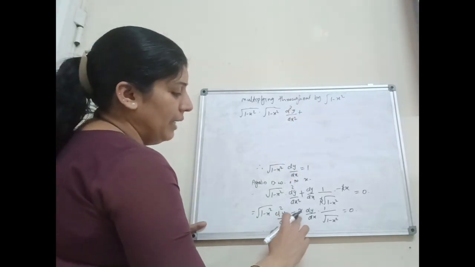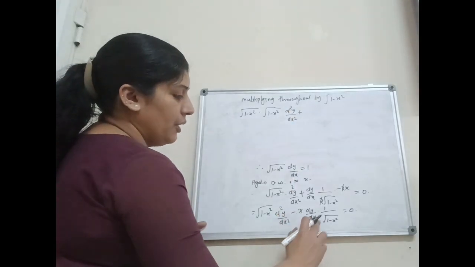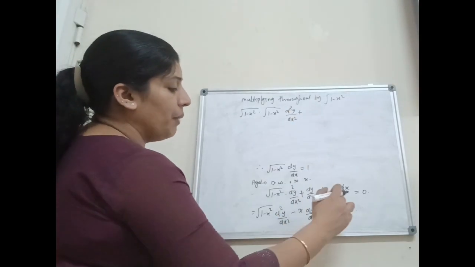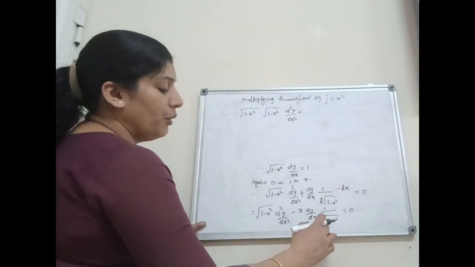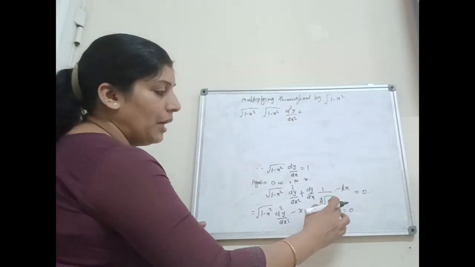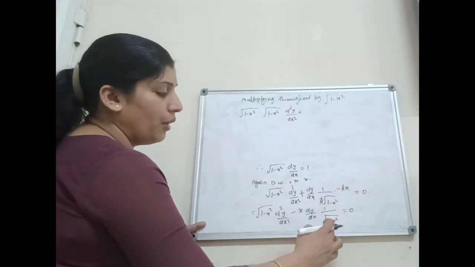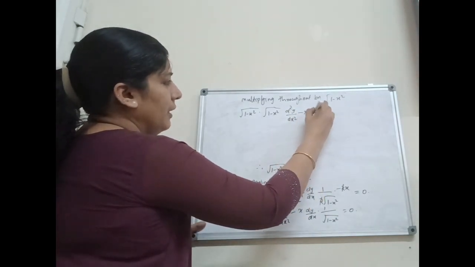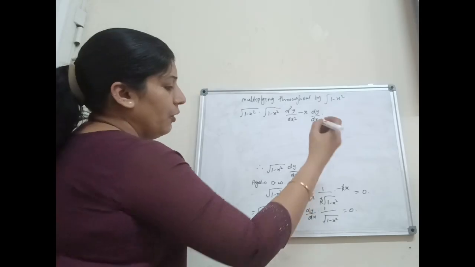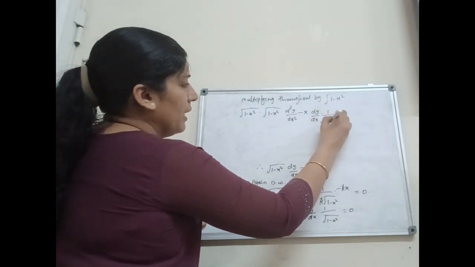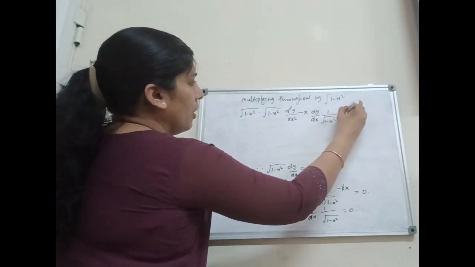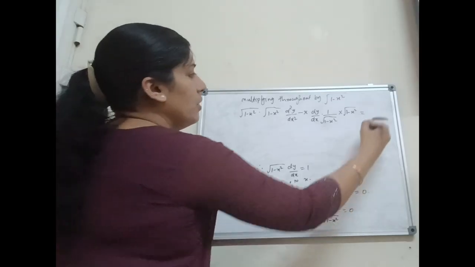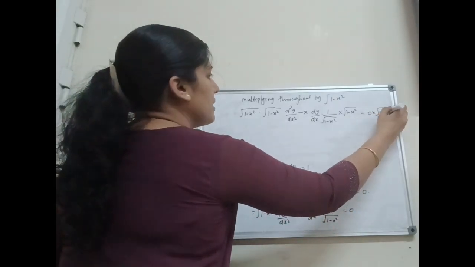Now second term, minus x into dy by dx into 1 by root of 1 minus x square. Then multiplying by root of 1 minus x square, therefore root of 1 minus x square cancelled. Minus x into dy by dx into 1 by root of 1 minus x square into root of 1 minus x square equal to 0 into root of 1 minus x square.